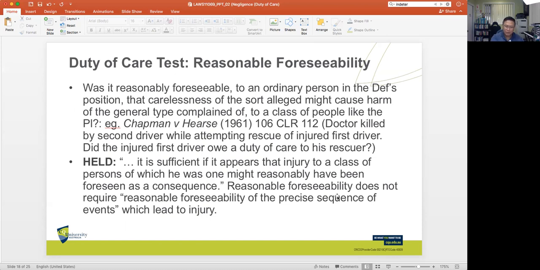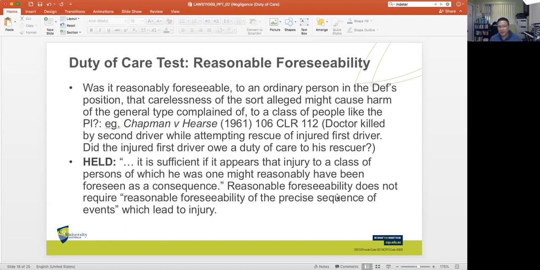So Chapman, by his negligent action, suffered an injury in a road accident, and as a result, there was a doctor who saw what happened, and the doctor came to the rescue of Chapman. But as the doctor was trying to aid Chapman, who was responsible for the road accident, he was then killed by a second driver.